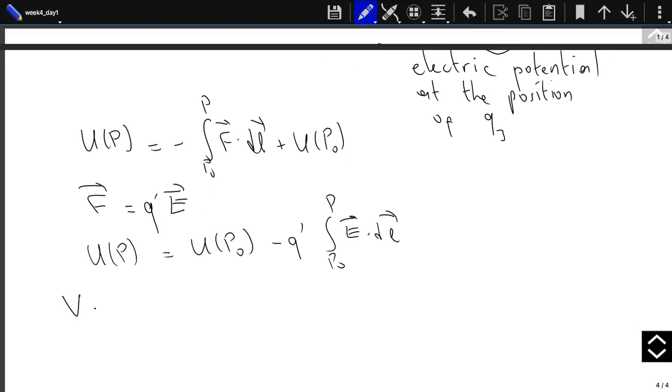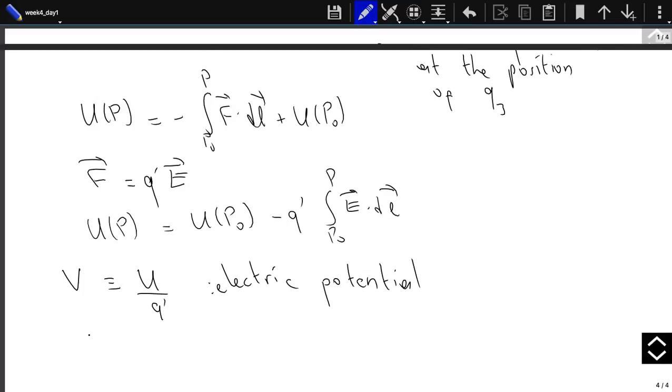Now the potential we define as E over q prime. So the electric potential of a point P is defined as, well, you still need to pick up a reference point.